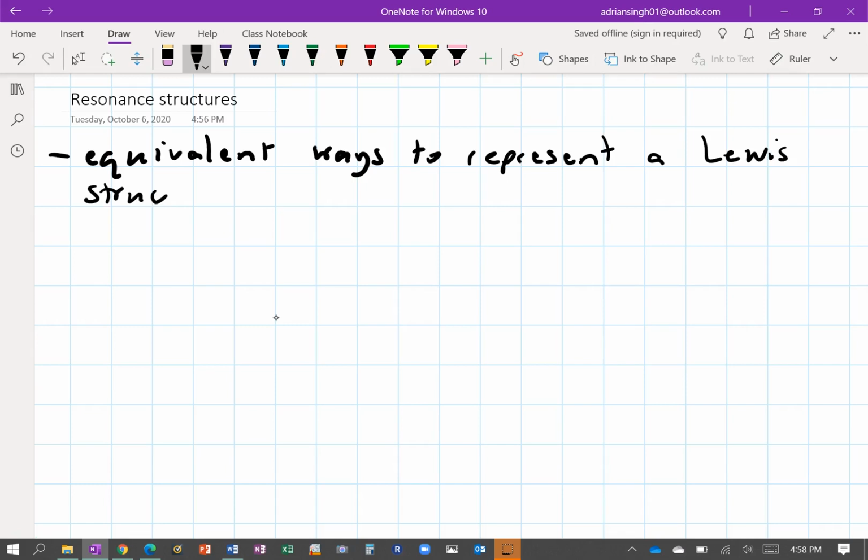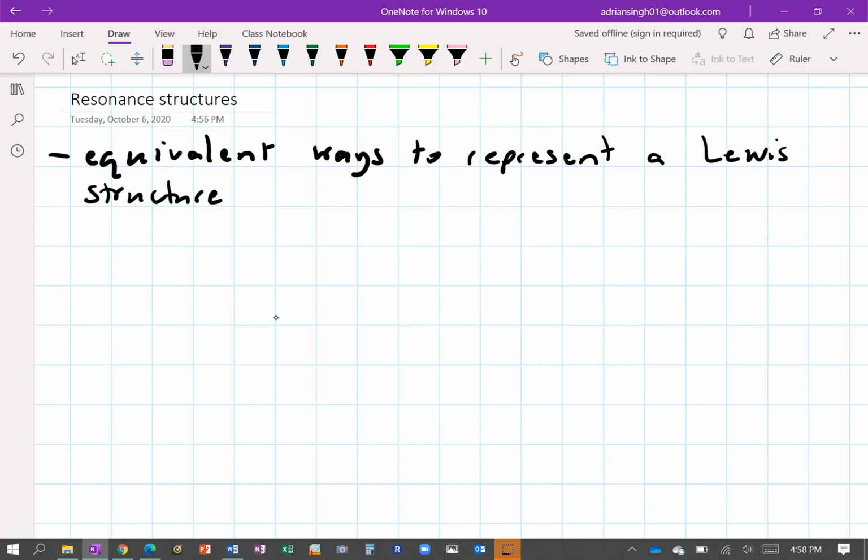So in some cases, according to the rules of drawing Lewis structures, you actually may be able to draw a couple different structures that both still follow all the rules of drawing Lewis structures that we talked about before.